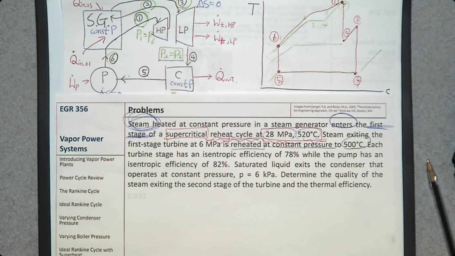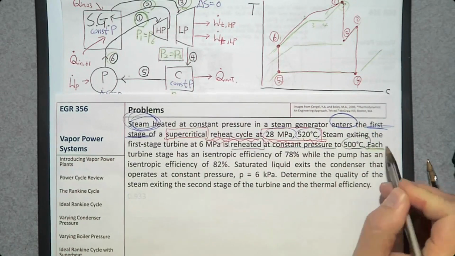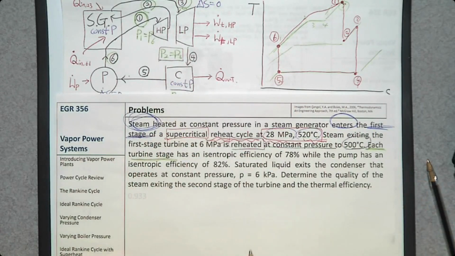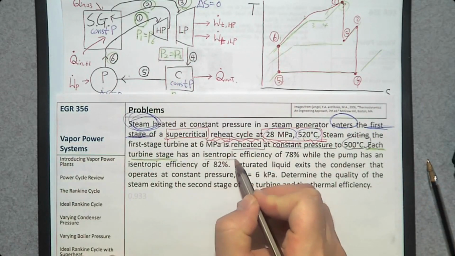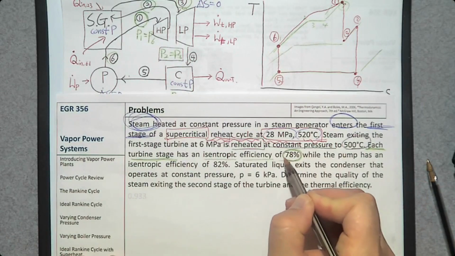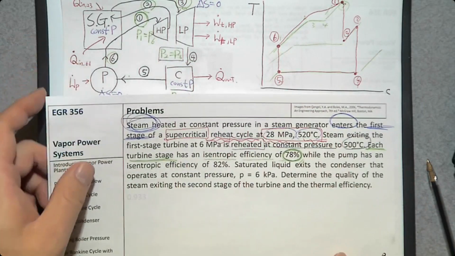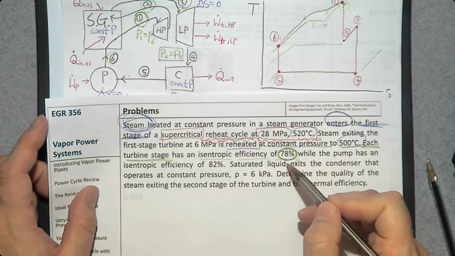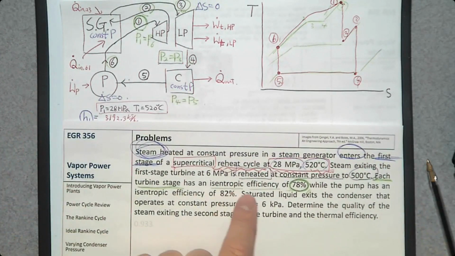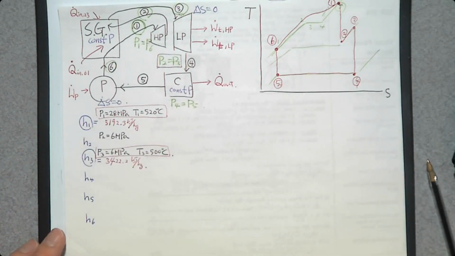If you read here, it says each turbine stage, either high pressure turbine or low pressure turbine, has an isentropic efficiency of 78%. So I guess we can use this number to determine H2. It sounds a little bit complicated, but if you remember the isentropic efficiency equation from chapter 6, it's not that difficult. So let's do that together.